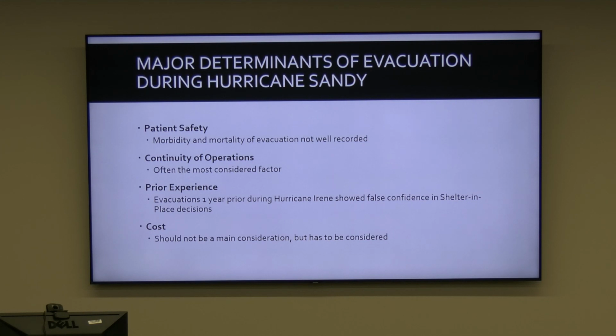Then there's the continuity of operations. So this is often the most considered factor for most hospital executives, whether a hospital can continue functioning.